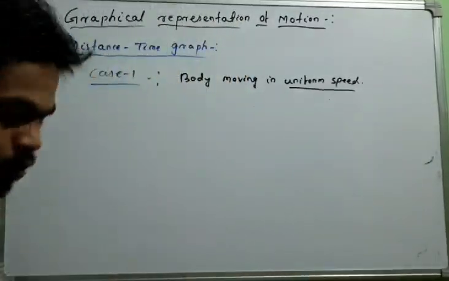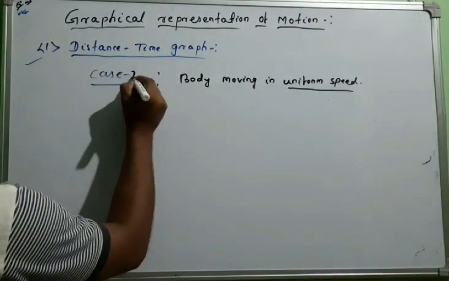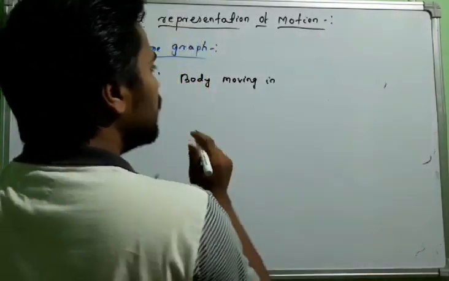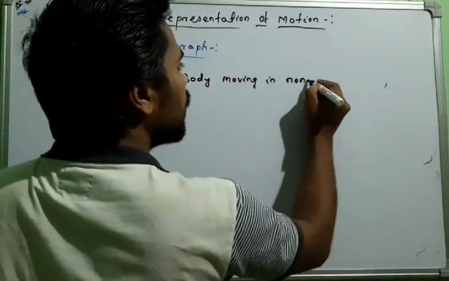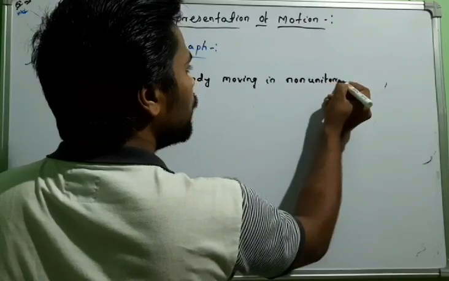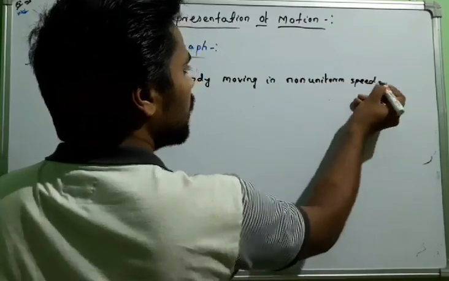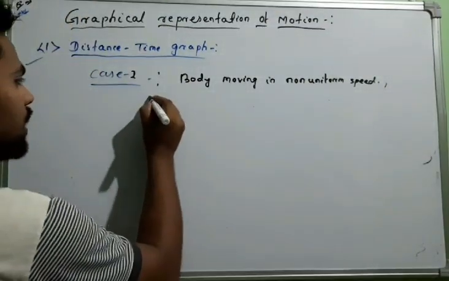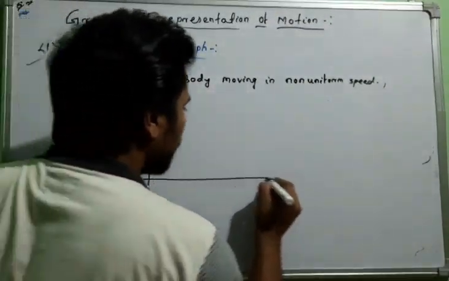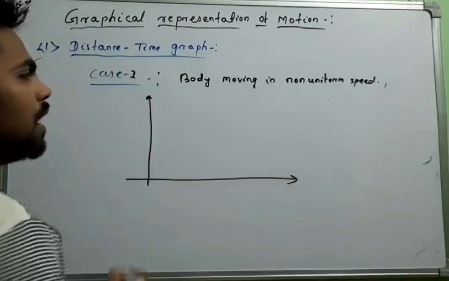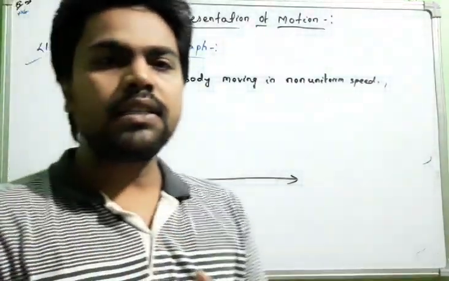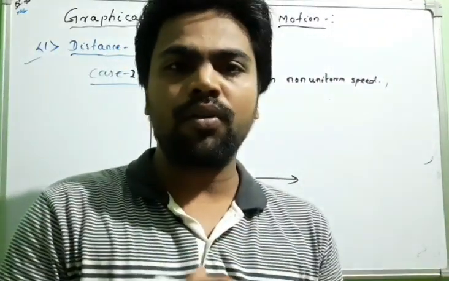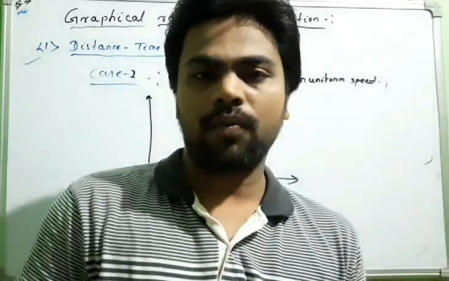Write down case number 2. When a body is moving in non-uniform speed, what is the distance time graph? Non-uniform speed means a body travels unequal distances in equal intervals of time.